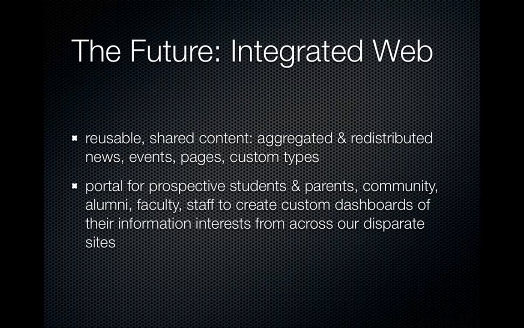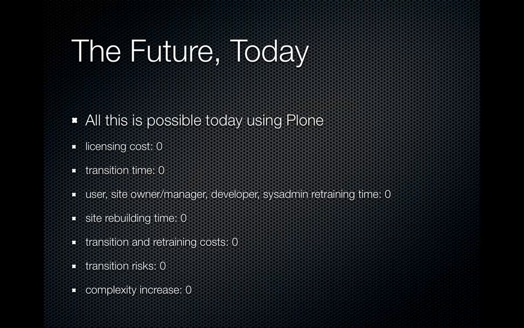And this is just repurposing content that's on Plone sites. If we tagged it correctly, if we use RSS feeds correctly, if we use Push Hub correctly, if we were consistent in the kinds of training we can roll out to different site owners on campus, this is the kind of thing that I see is possible with what we have right now on this campus today.